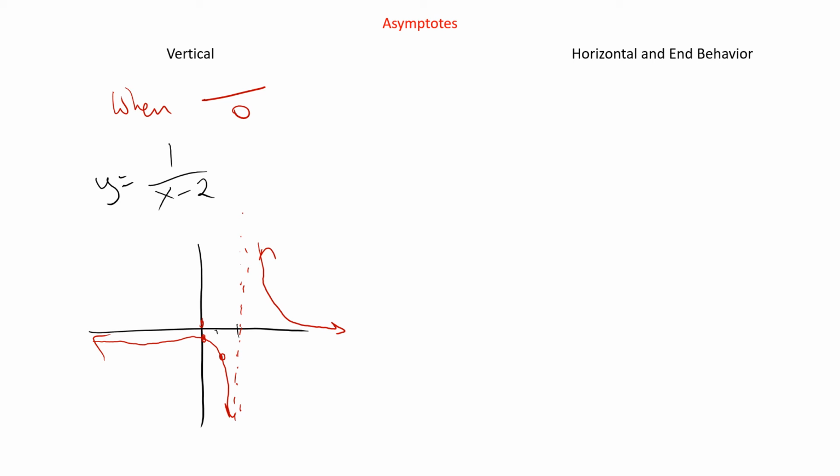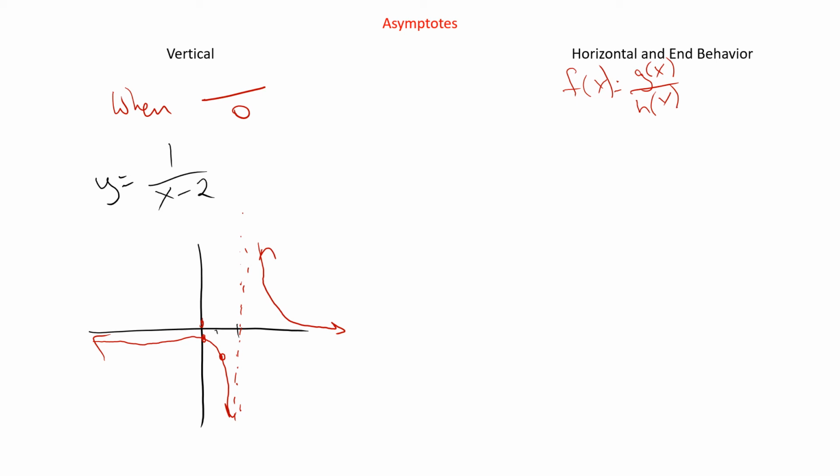Horizontal asymptotes and end behavior come not from dividing by 0, but it comes from the equation itself, generally speaking. Usually when you're looking at horizontal asymptotes and end behavior, you are looking at something with a big old fraction in it. So you have like f of x equals g of x over h of x, where g of x and h of x are both going to be just polynomials or functions.